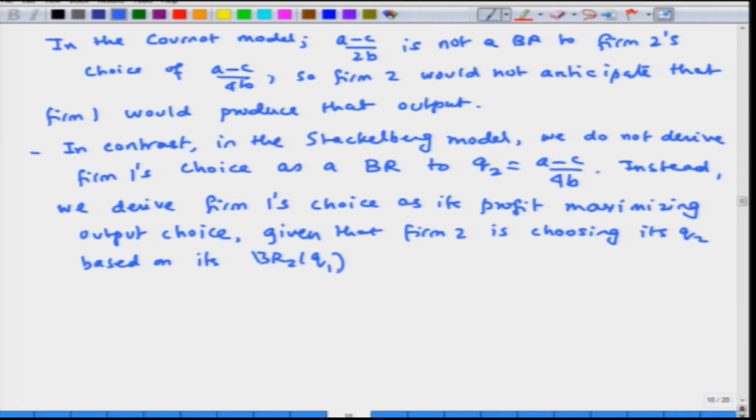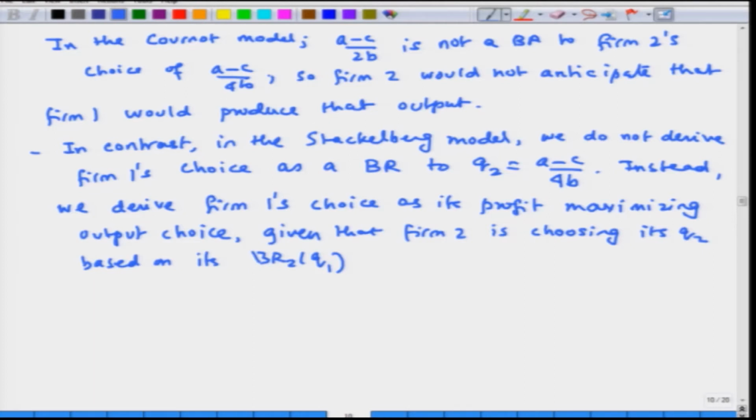So, that is what we did. When we solved the Stackelberg model, we simply did not ask is A minus C by 2B a best response to A minus C upon 4B, that is not what we did. We incorporated firm 2's best response function into firm 1's objective function and then solved for firm 1's optimal choice.